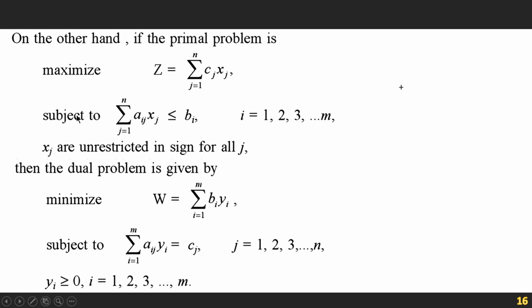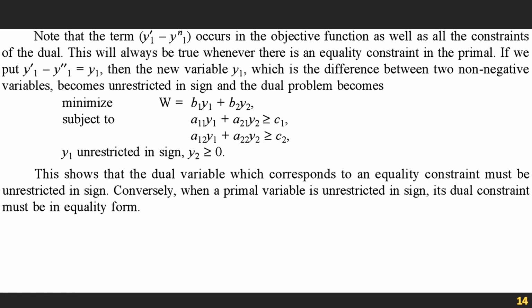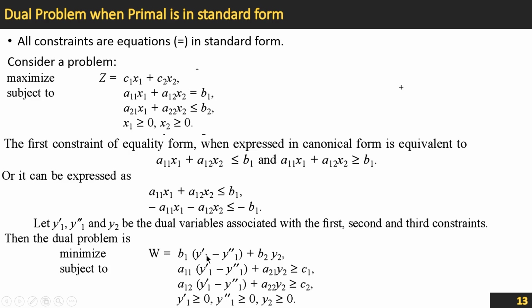So basically, y1 prime and minus y1 double prime are common in all the equations, and y1 prime and y1 double prime are both greater than or equal to 0.